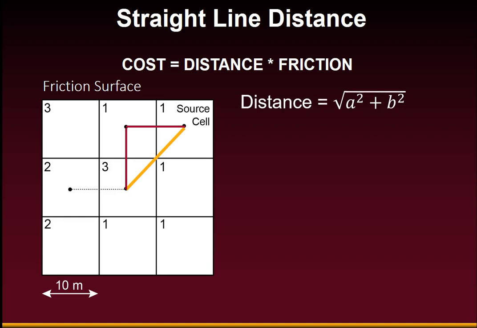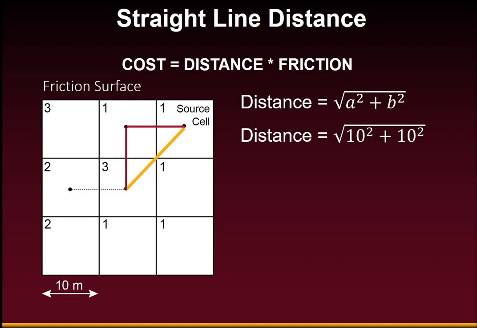If the equation for distance for the gold line is the square root of a squared plus b squared, where a and b are the two legs of the triangle, then we can compute distance using what we know about the raster resolution, whereby the two legs equal 10 meters and 10 meters respectively. Recall that the distance between the centroid of one cell and the centroid of another cell in this case is 10 meters.